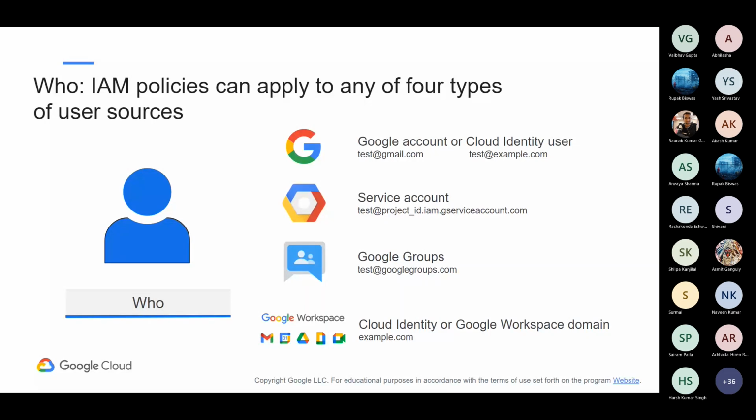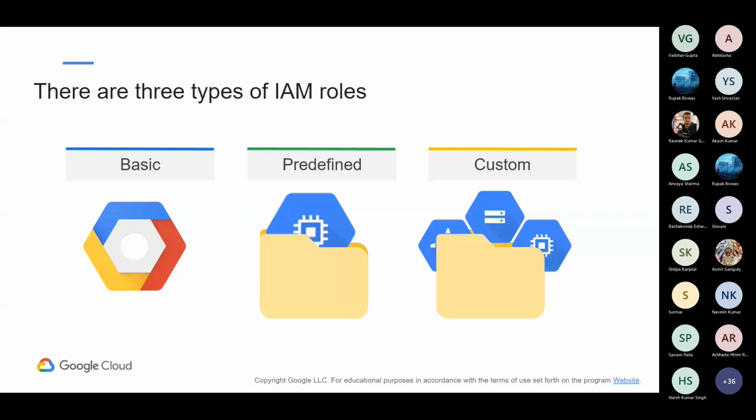These are some types of IAM roles that already exist. The basic one is the service account, where you can mention who can access which resources and what they can do. Then there are some predefined roles that are mostly used. You can just choose the role and select it. Then there are custom roles as well, on the basis of your applications.